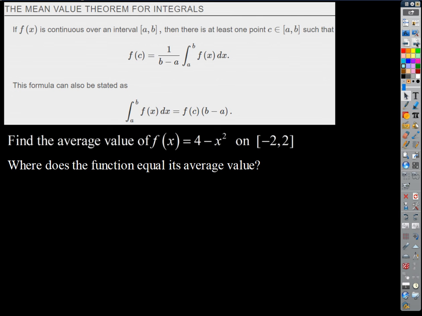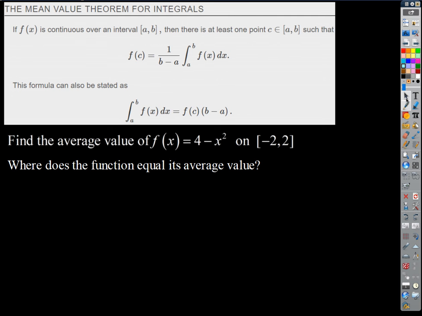That's fine. So find the average value of f of x equals 4 minus x squared on the interval from -2 to 2. Okay, well, how would we set that up? So we just remember, all it is, average value is just the area under the curve divided by the width of the interval, right?